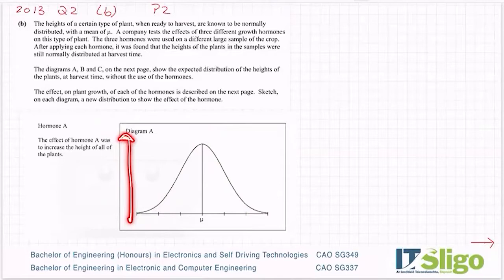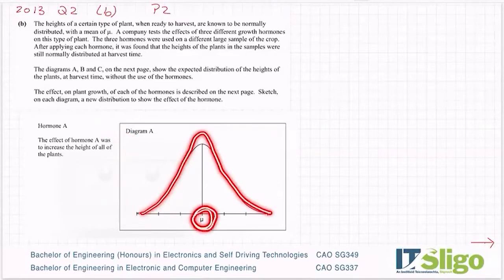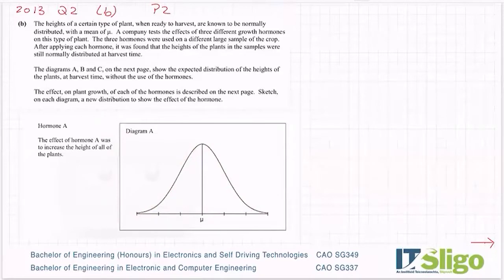So that's the amount. If you do that, you're increasing the amount of plants who have this value that mu has. So if you're going to increase the height of all plants, and mu is the height of the plants, then you're going to have a bigger mu. So you're going to have a bigger mean if you increase the height of it.